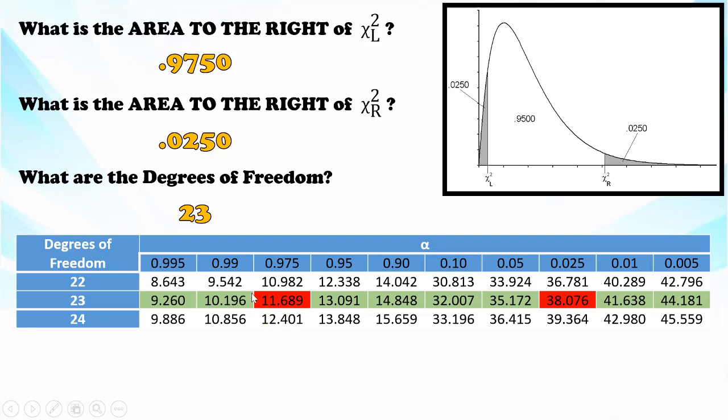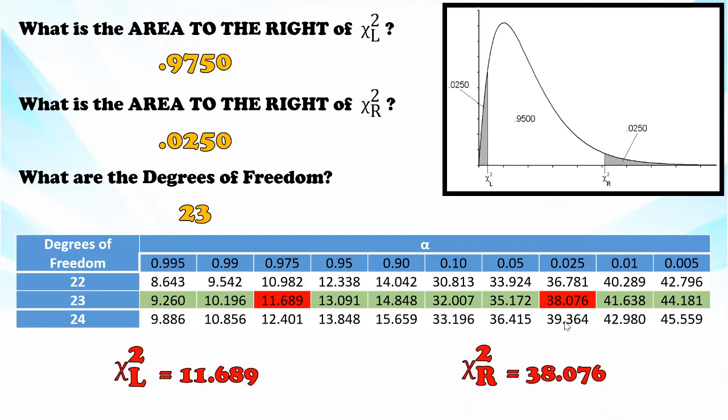That is our chi-square L value. When we go to the 0.0250 on top, we come up with a value of 38.076. Those are our critical values for chi-square. So chi-square L is 11.689, chi-square R is 38.076.